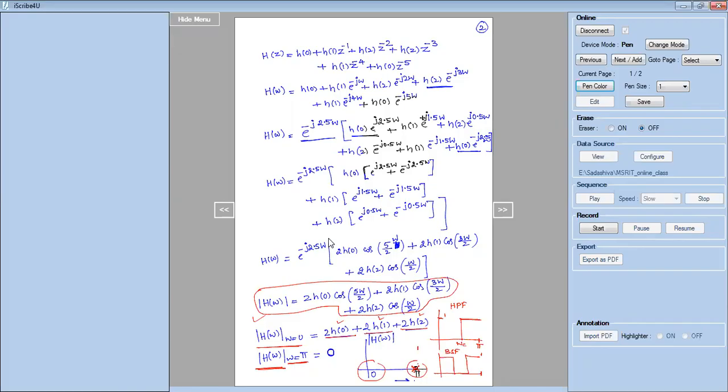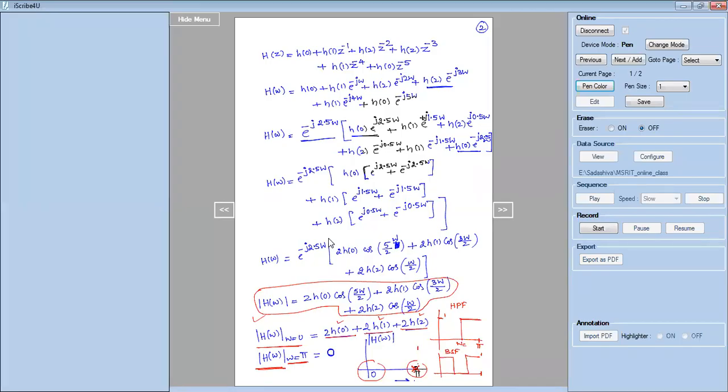So all are becoming cosine terms. The cosine terms will have odd integer multiples of pi by 2. Take any m value; it should be even and h of n should be symmetric.